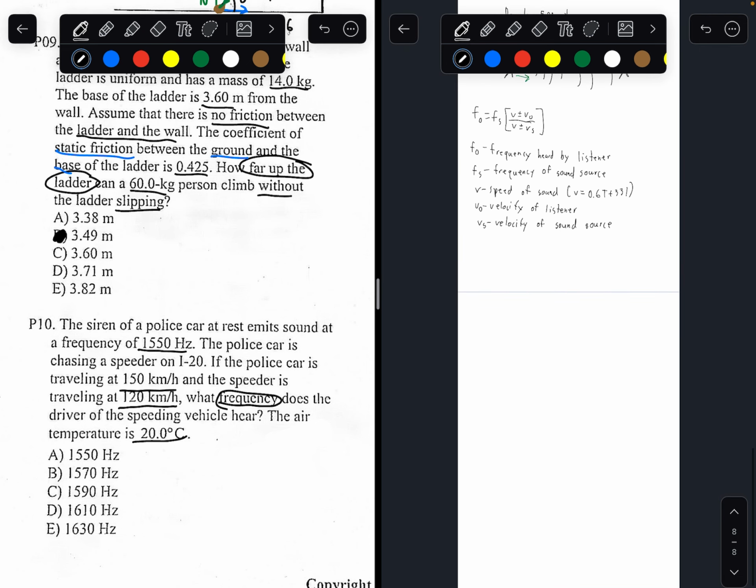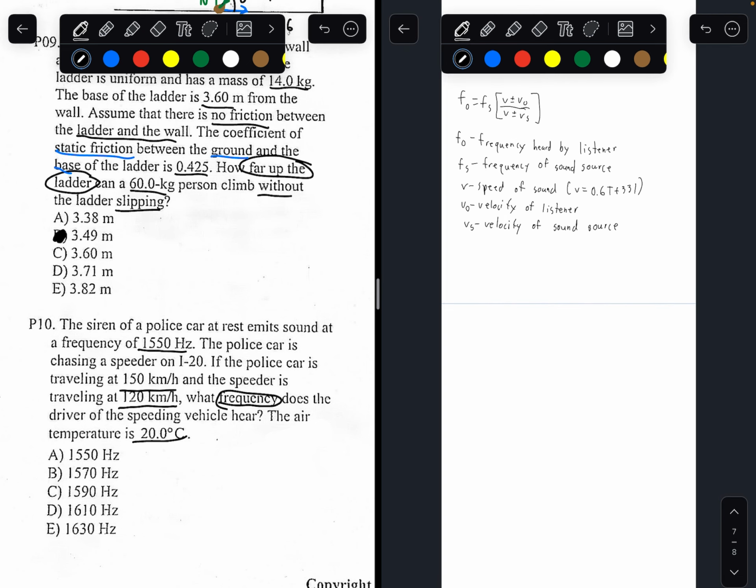So with the Doppler effect in mind, we're trying to find the frequency observed by the listener, observed by the speeder. What frequency does the driver of the speeding vehicle hear? We know the resting frequency is 1,550. That's what's given to us in the problem.